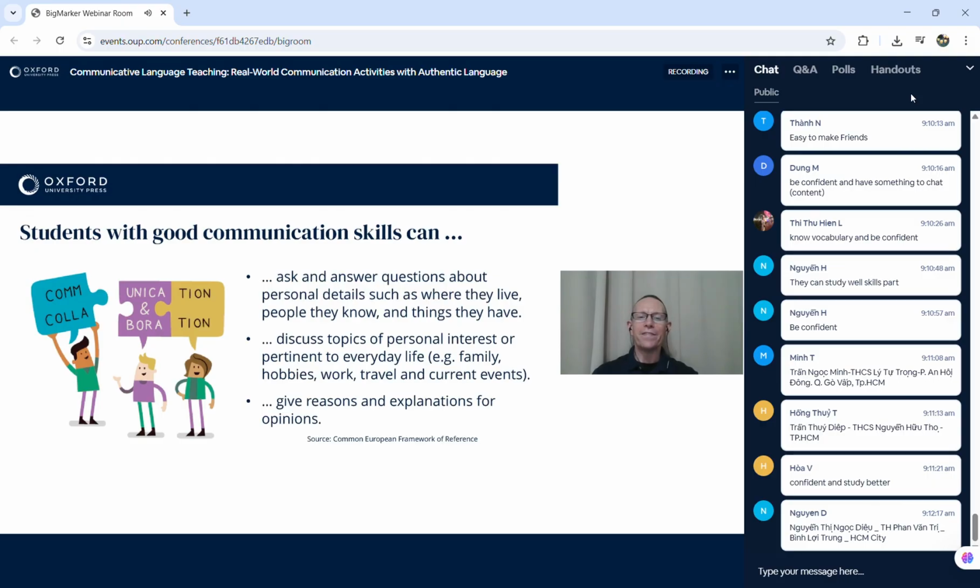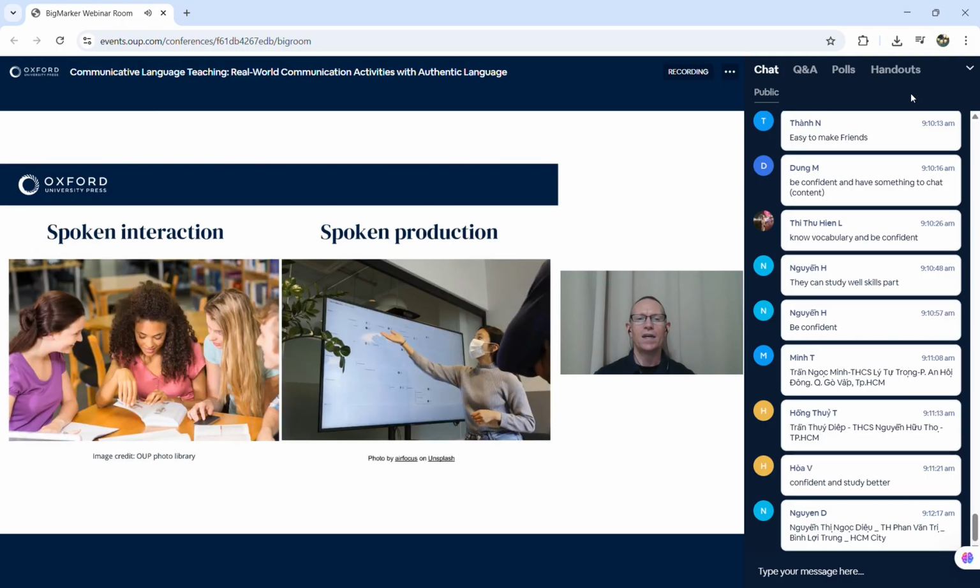Another important area to think about is the difference between spoken interaction and spoken production. So these are two areas of communication. Spoken interaction is, of course, speaking with a partner or in a small group, sharing ideas, asking and answering questions, whereas spoken production involves standing up in front of a group of people and expressing ideas.